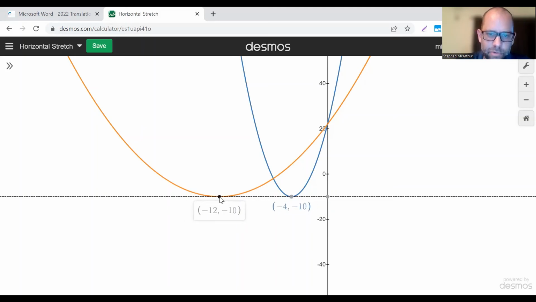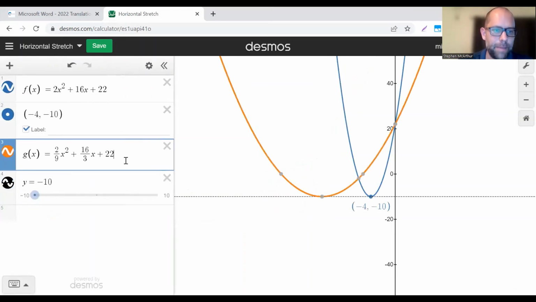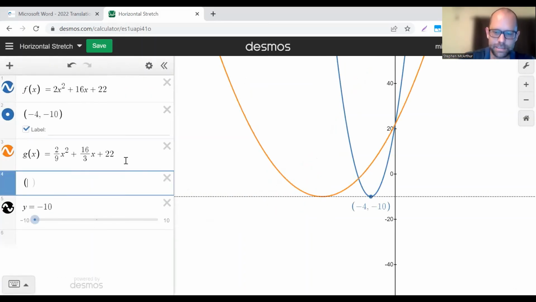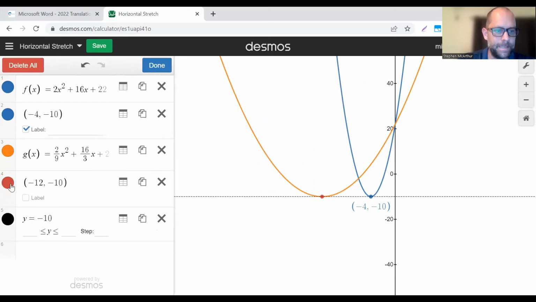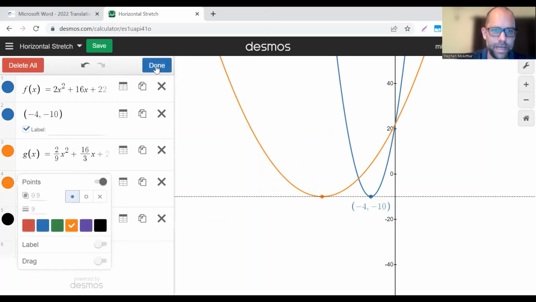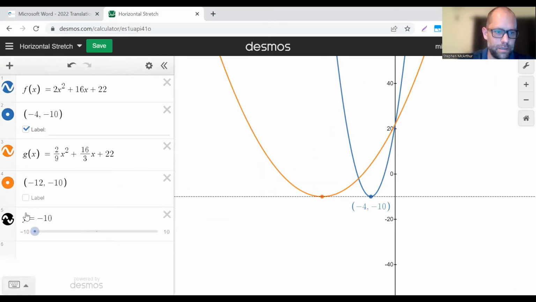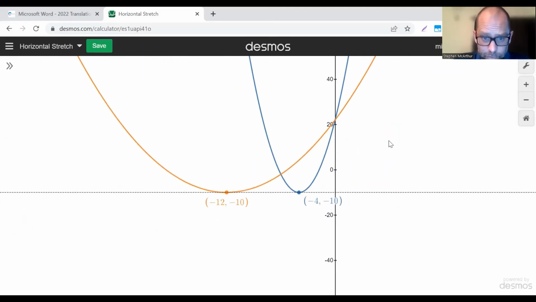And 3 times further away is -12, and still lining up with -10 in the y. But that is 3 times further away. I'll put the dot there because it makes me happy to see it. But the point is, we've done what we wanted to do. We wanted it 3 times further away. Make it orange, and we're done. There we go. We've got it 3 times further away than the original one.